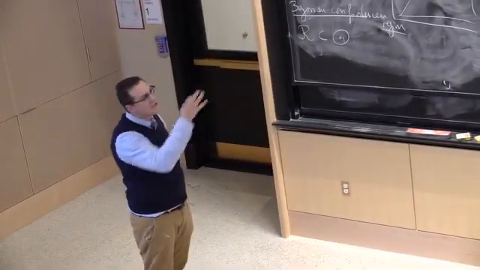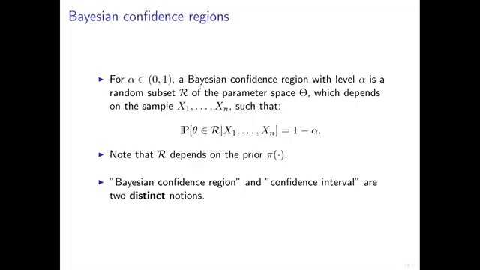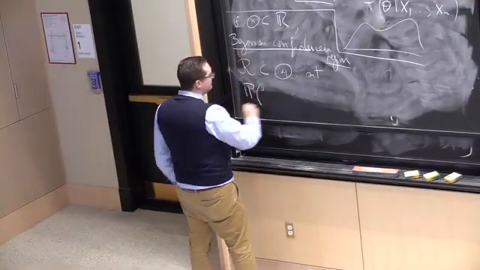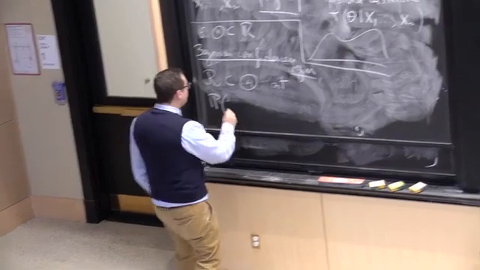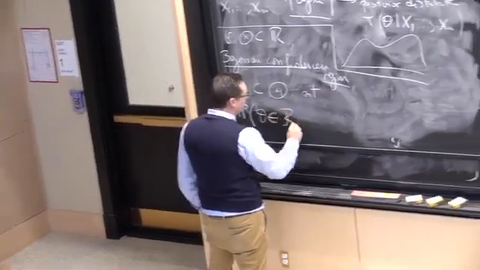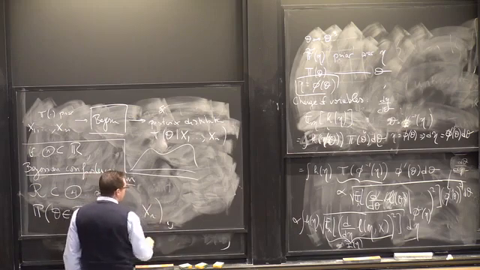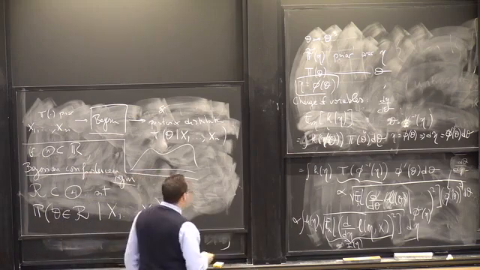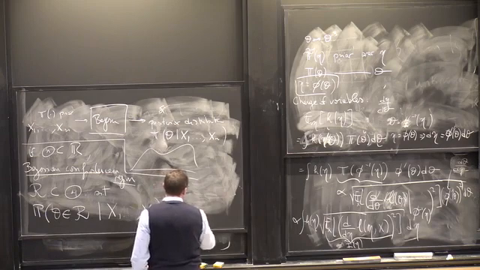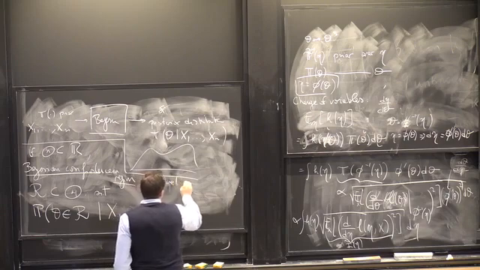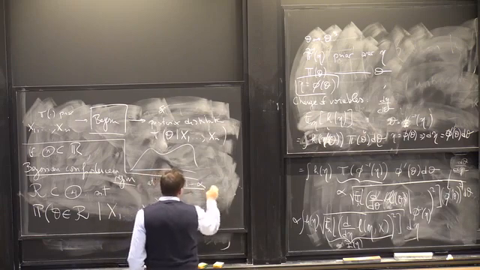Here it's conditioned on the data, but with respect to the randomness that you get from your posterior distribution. So such that the probability that your theta belongs to this confidence region given x1, ..., xn is, say, at least 1 minus alpha. Let's just take it equal to 1 minus alpha. So that's a confidence region at level 1 minus alpha.